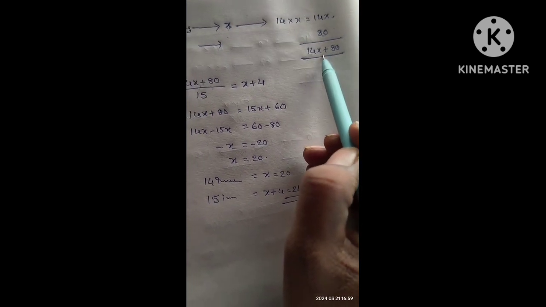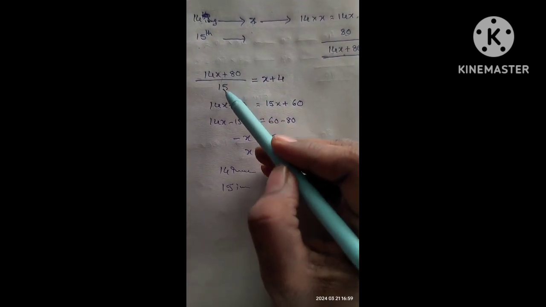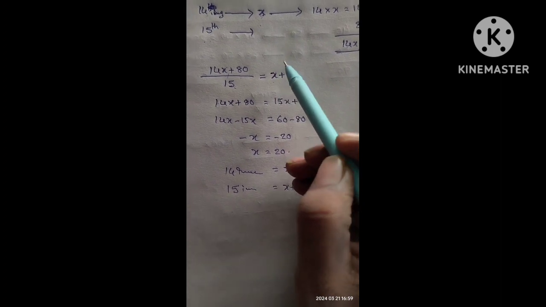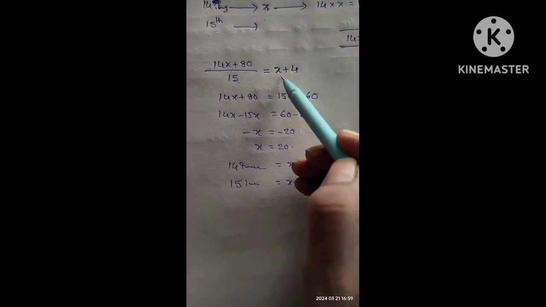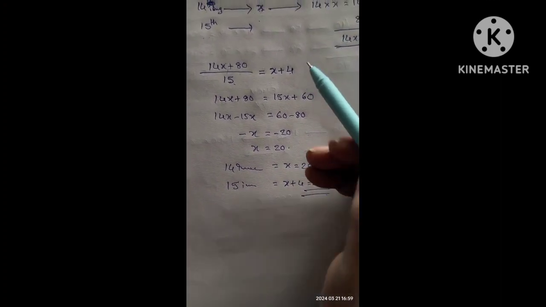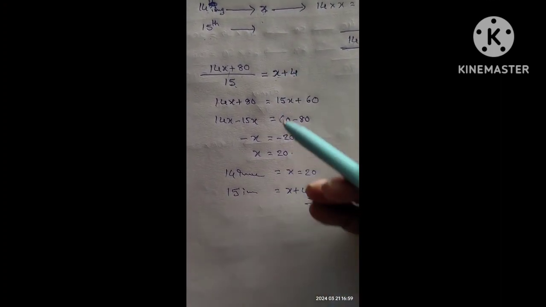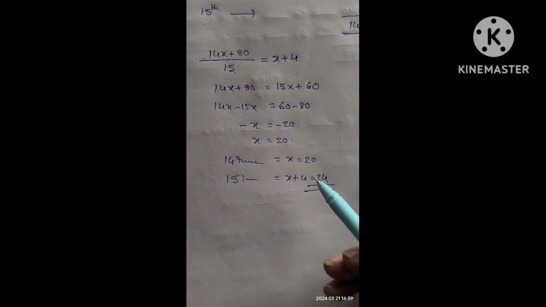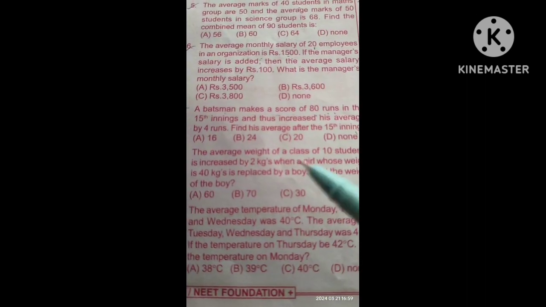Total is this one. Then the average is 14x plus 80 by 15. But according to the given sum, the average is increased by 4 runs, which means it becomes x plus 4. Simplifying it, you get the x value 20. Then the average becomes 24.